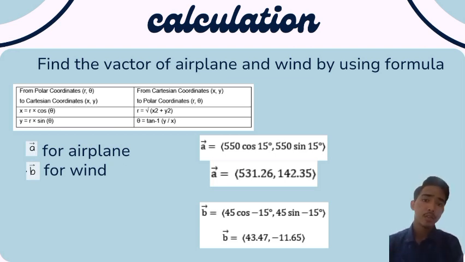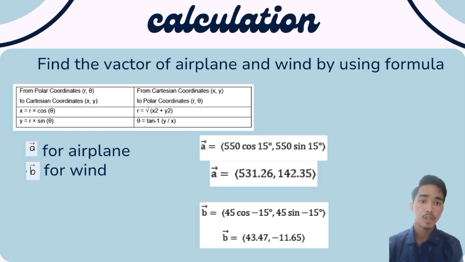Before that, we need to find the vector of the aeroplane and the wind by using the formula that I have already shown before. We can assume that A is the vector of the aeroplane and B is the vector of the wind, to make it easier to write down.